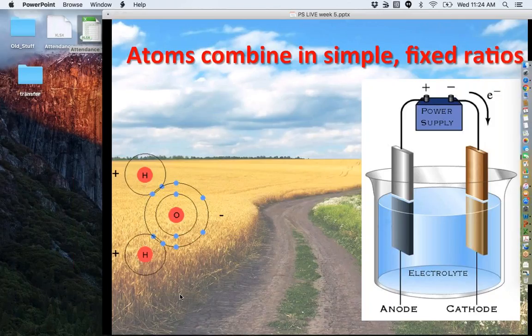But in general, with smaller molecules like oxygen I just showed you, or H2O, water, which you can see right here, they always combine in simple fixed ratios. Just like we saw when we destroyed water, you guys remember this. There was a little bit more hydrogen gas than there was oxygen gas.